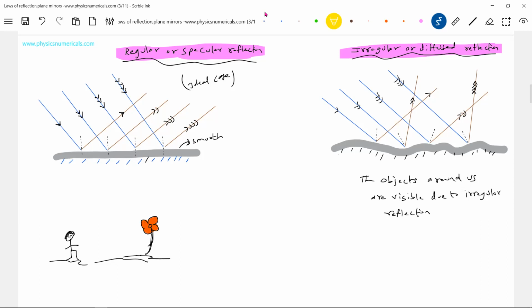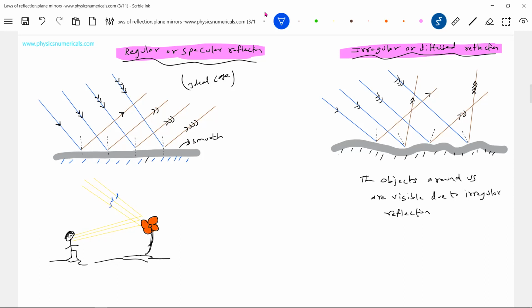How will this be visible? The ray of light, the sunlight, will be incident on this flower. After reflection, when it enters into the eye, then that particular flower is visible.